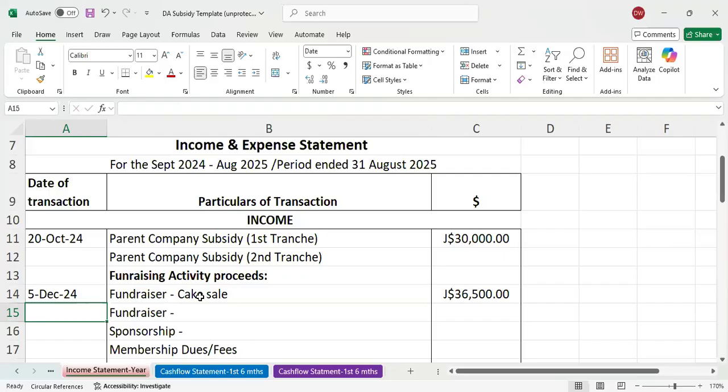As much as you are able to populate the spreadsheet, it definitely will be helpful for you. So let's see.